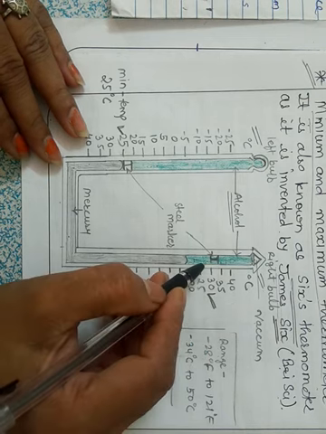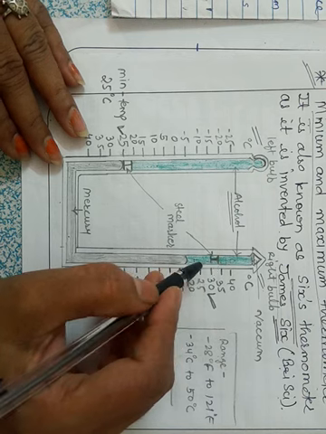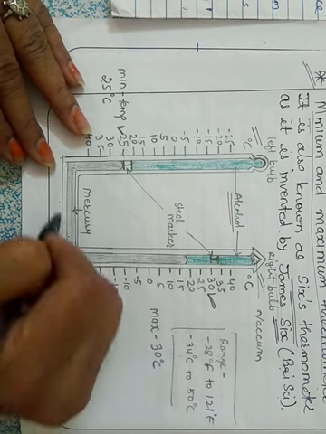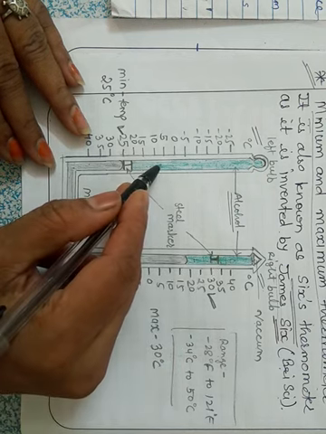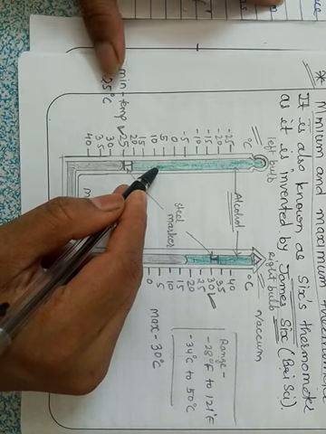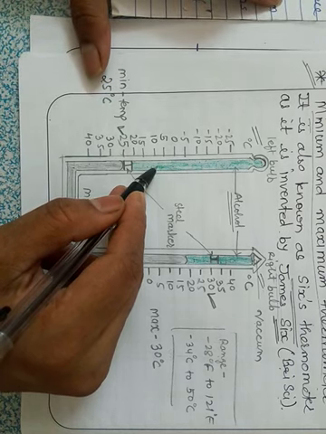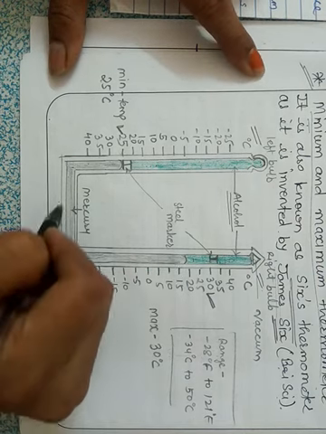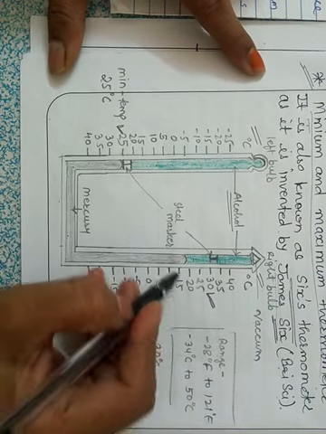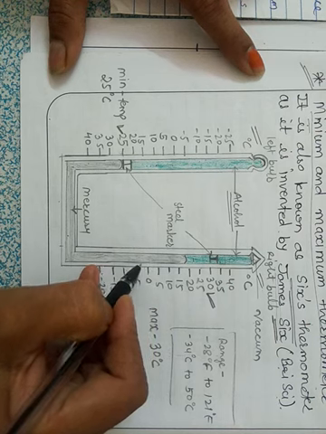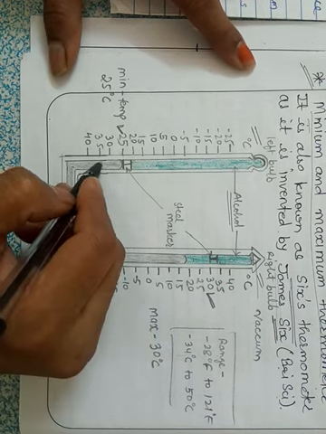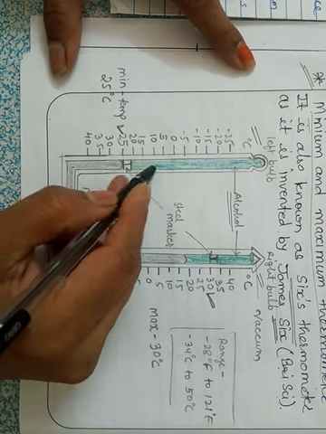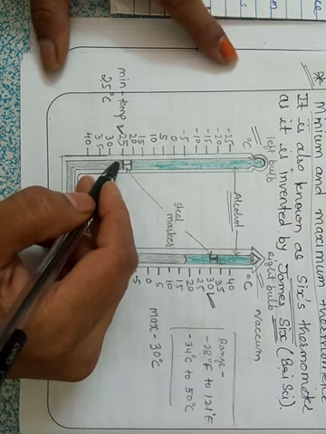And when the temperature falls, the alcohol contracts and it pulls the mercury up in the minimum column, resulting in a fall of mercury in the maximum column. See, when this mercury is moved this side, then this mercury level will come down, and it will rise in this column, that is the minimum side column.